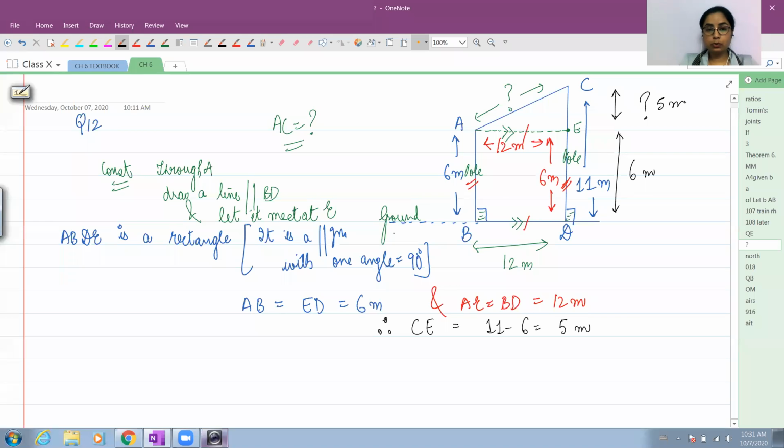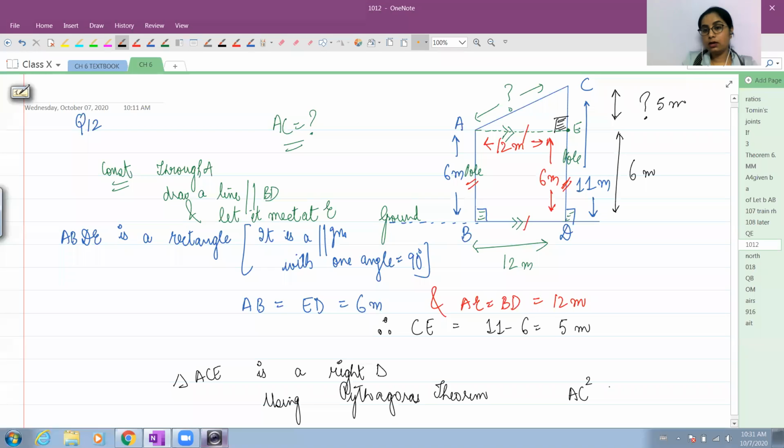And after this, we are going to identify the right triangle in which I would like to apply my Pythagoras theorem, and that would be triangle ACE. Triangle ACE is a right triangle, and I'm going to apply Pythagoras theorem. So I will have AC square equals AE square plus CE square.